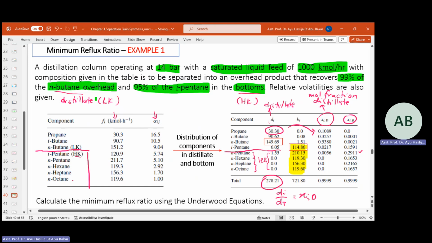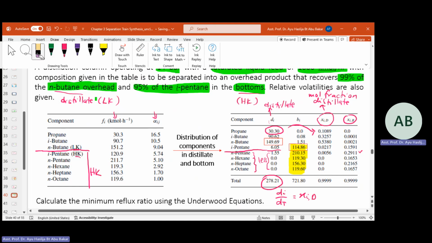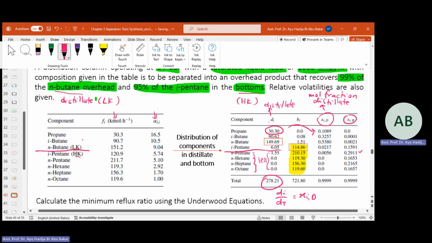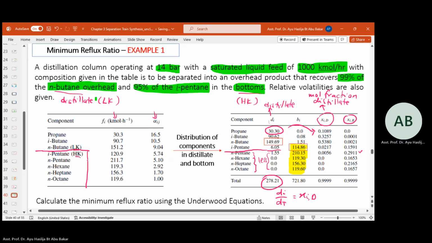So all of these should be bottom product, not heavy key, bottom product. Heavy key is the required product, one is bottom. So the top one is the top product. Okay, up to that, you can get the fraction of the distillate and the bottom.